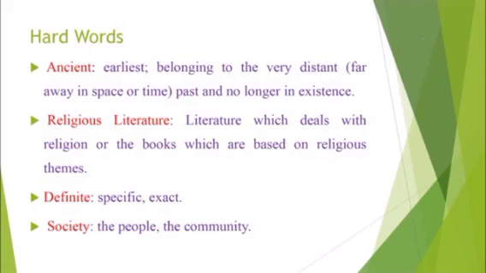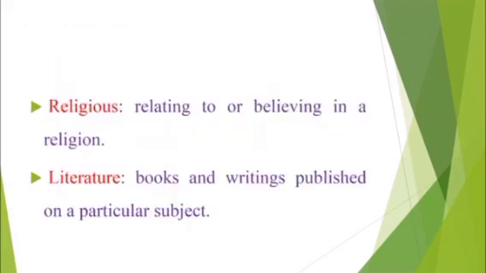Religious literature means literature which deals with religion or the books which are based on religious themes. Definite means specific or exact. Society means the people or the community. Religious means relating to or believing in a religion. Literature means books and writings published on a particular subject.